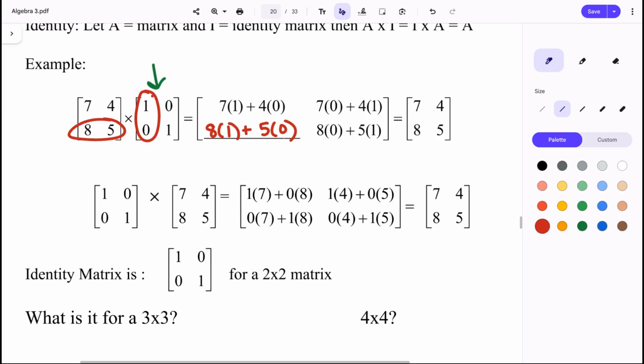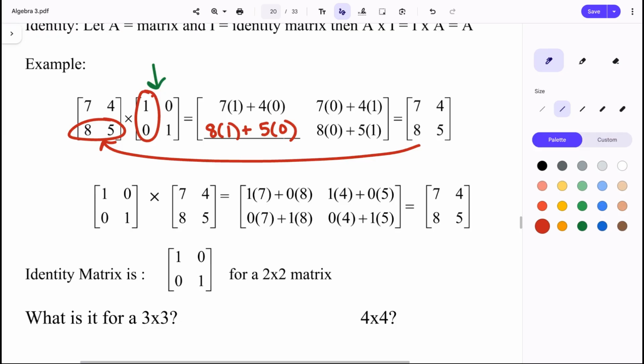And then if you actually do this, like you start multiplying and adding, this becomes 7 plus 0, which is 7. This becomes 0 plus 4, which is 4. And then the last two elements are an 8 and a 5, which is the exact same matrix as I had to begin with. So that's how I know that the 1, 0, 0, 1 matrix is the identity matrix, because when you multiply it, it's not going to impact the answer.